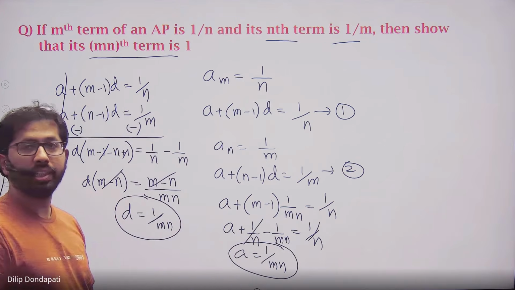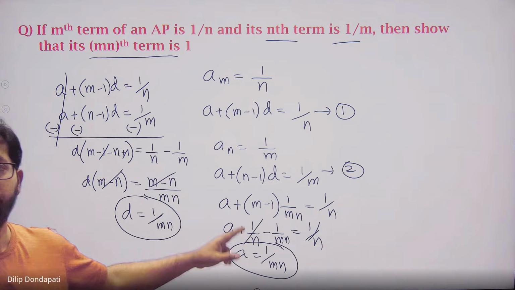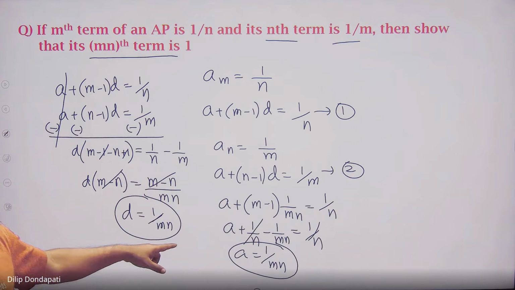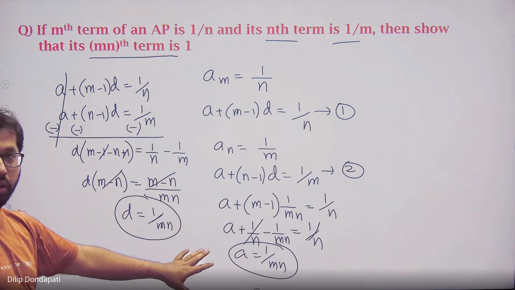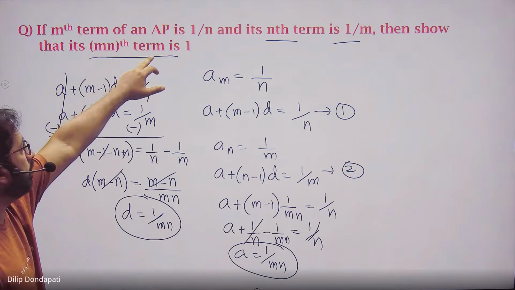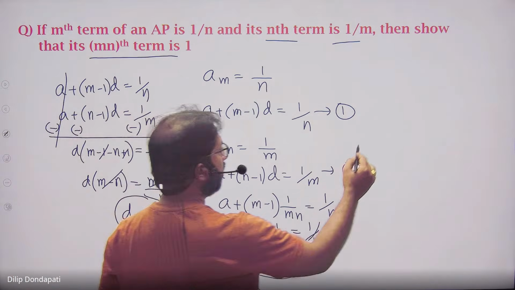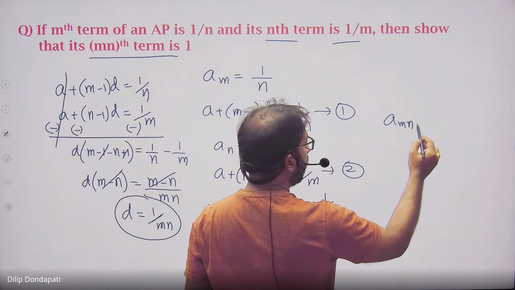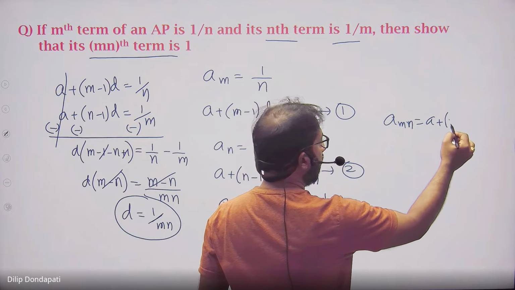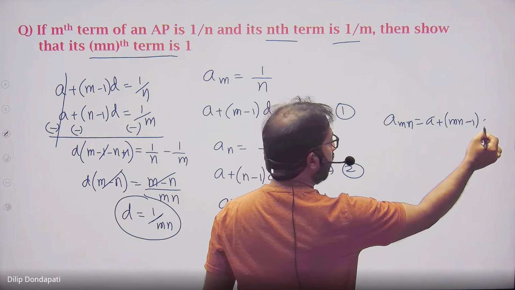A question में always a and d value will be same. a is equal to 1 by mn, d also 1 by mn. Okay, दोनों आ गया. Now mnth term is 1 बोल के प्रूव करने का. amn का expand किया तो क्या आएगा? a plus mn minus 1 into d, right?